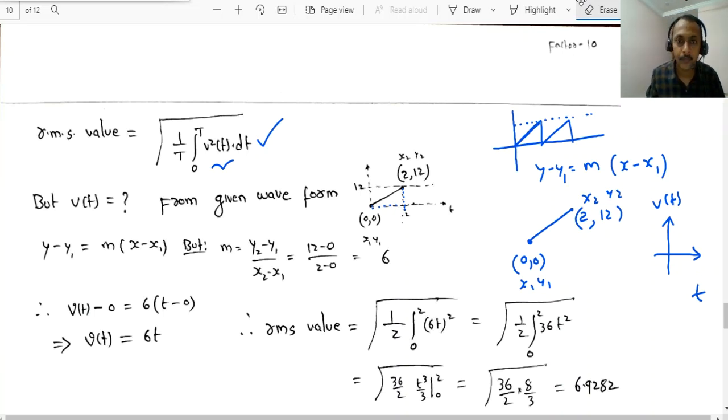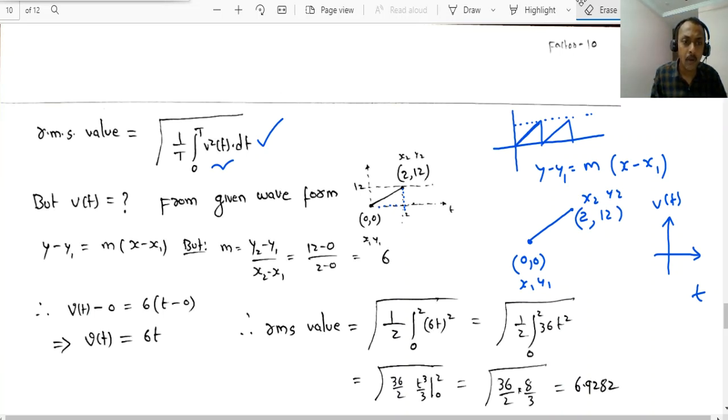Very easy. But you have to find the coordinates. For understanding sake I wrote x1, y1, x2, y2, but in our case the x-axis is time and the y-axis is voltage: t1, v1, t2, v2. Like that you have to understand. Clear?